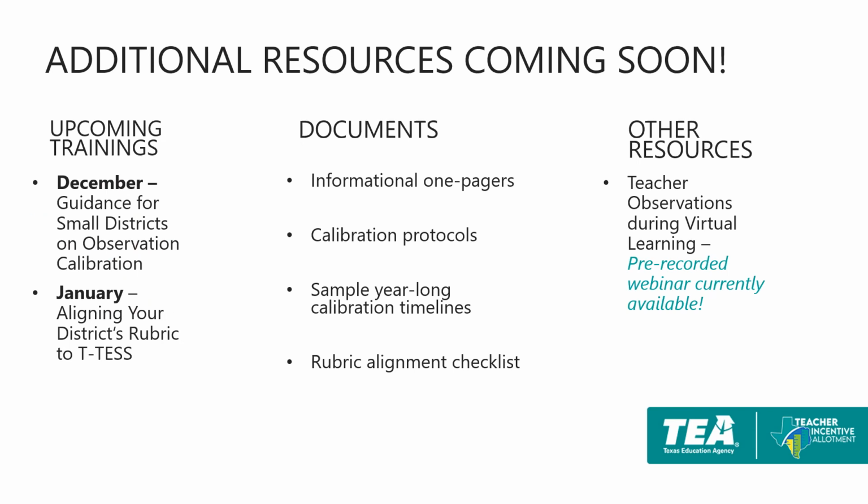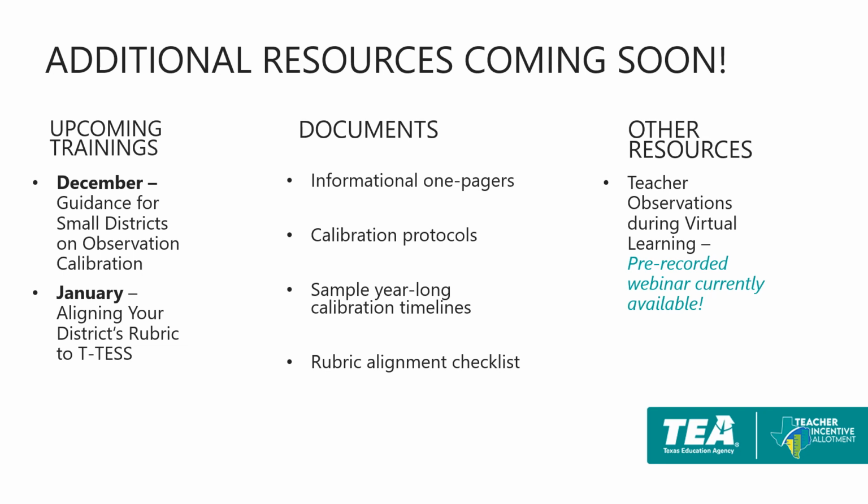The TIA team is always looking for ways to support districts who are implementing or designing their local designation system. So every single month, you should find more resources on our website related to teacher observation calibration. In December, we'll post a recorded webinar with guidance for small districts on observation calibration. In January, we'll host a live training to support districts in aligning their rubric to Ttest.